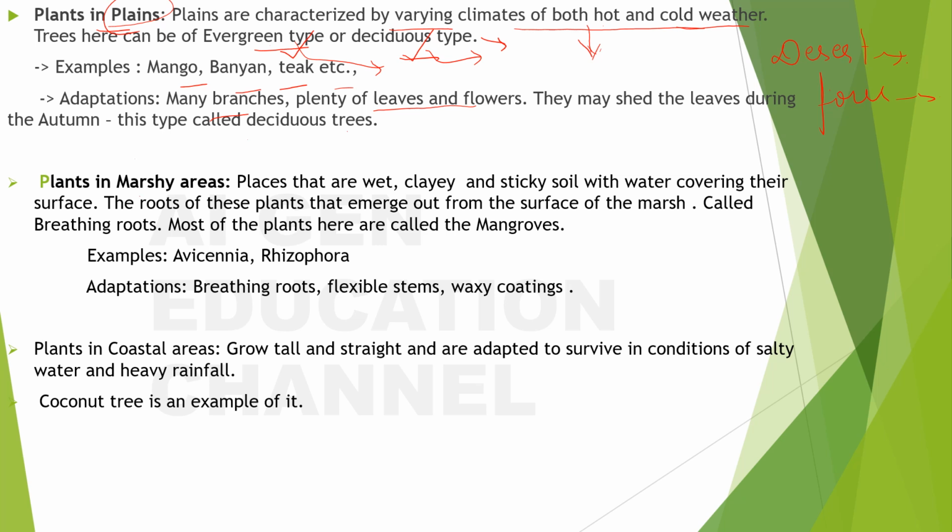Next, plants in marshy areas. What are marshy areas? Marshy areas are the places that are wet, clayey and sticky soil with water covering their surface, and there will always be water in the marshy areas. So just think, what do the plants do in that type of climate?